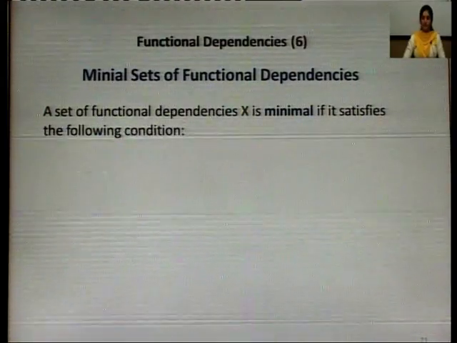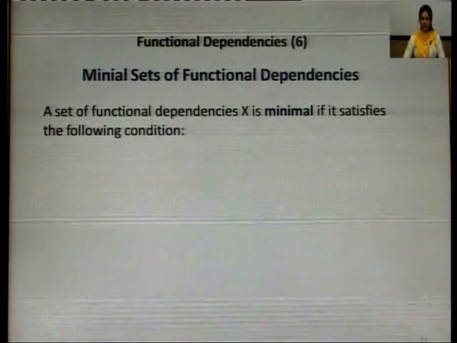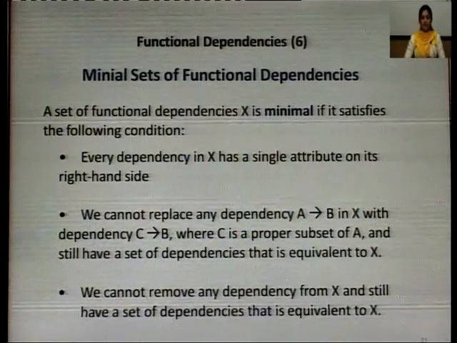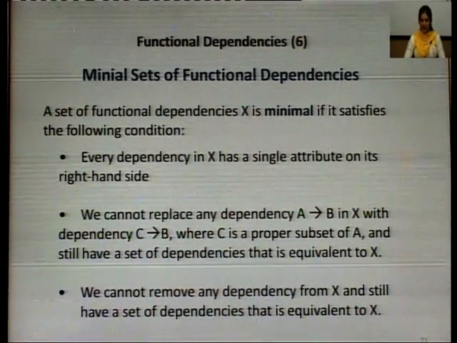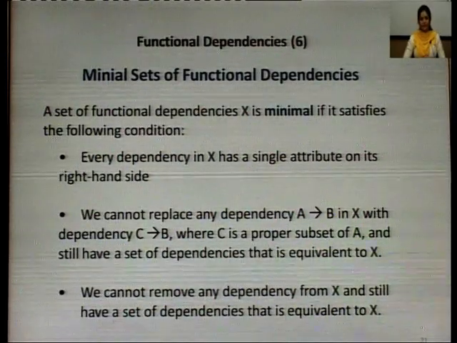Next is the minimal set of functional dependencies. A set of functional dependencies X is minimal if it satisfies the following conditions: every dependency in X has a single attribute on its right hand side.